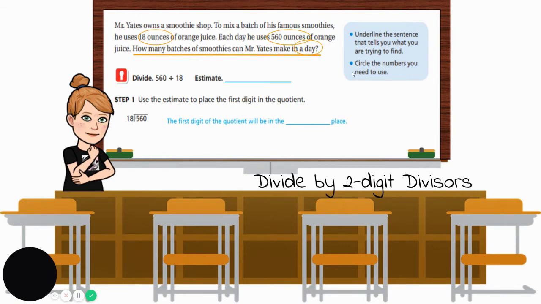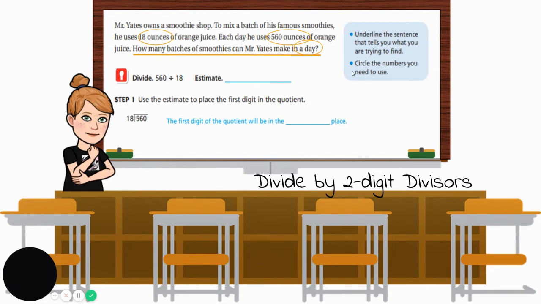We're going to have to cross out a day. Usually a day means one, so technically that's a number, because sometimes that'll play into problems. For this word problem, it is extra information because each day is 560 ounces and we only need one day.